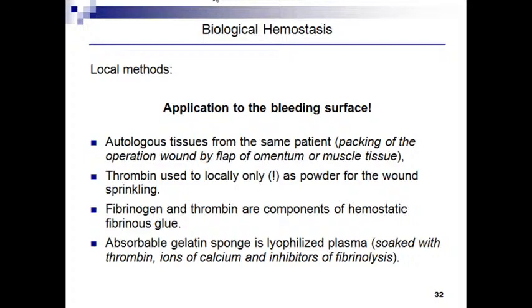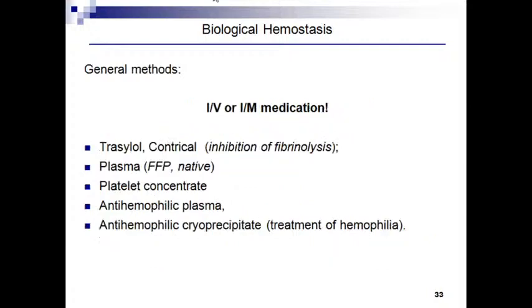Hemostasis in cardiovascular surgery is based on gluing of the line of sutures with fibrinogen and thrombin. And absorbable gelatin sponge is a lyophilized, dried plasma soaked with thrombin, ions of calcium, and inhibitors of fibrinolysis. We can use them topically for packing of the bleeding surface.